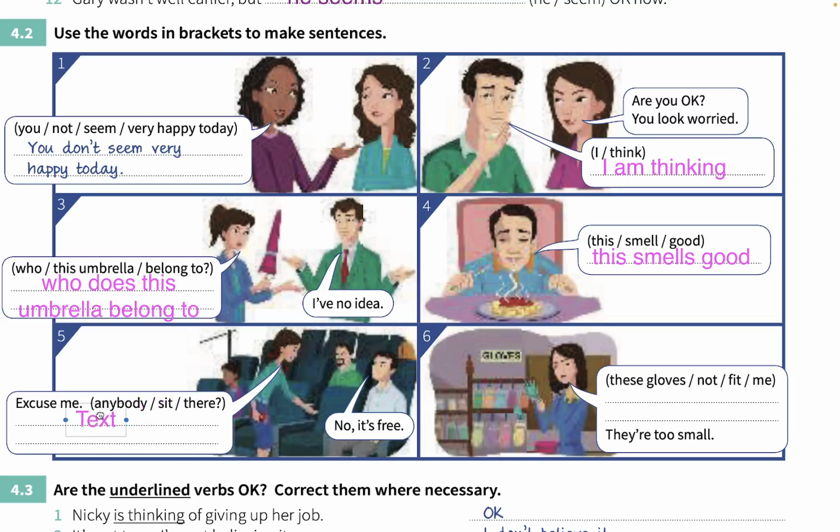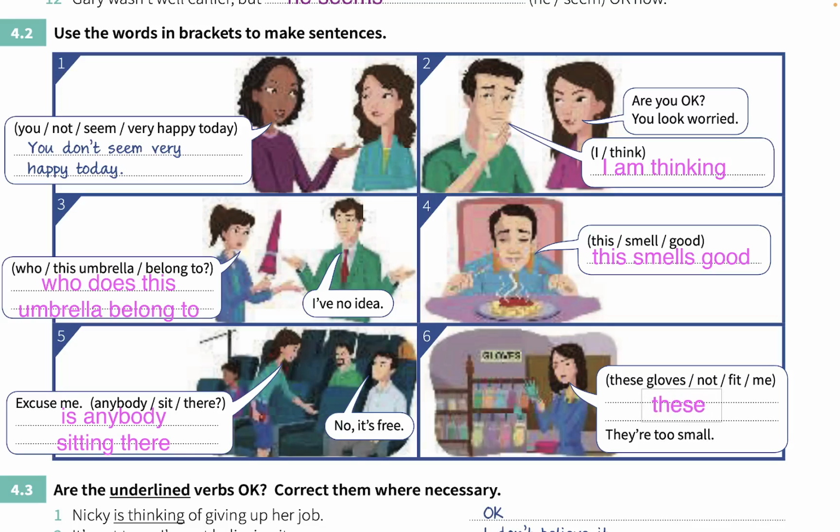Number 5. Excuse me, is anybody sitting there? No, it's free. Yes. Is anybody sitting there? Number 6. These gloves don't fit me. They are too small.